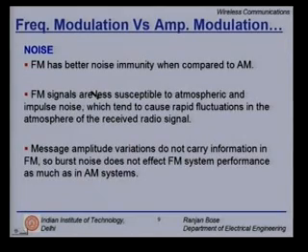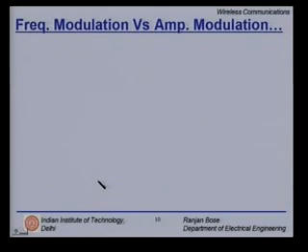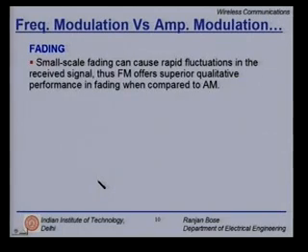Clearly, if you put AM and FM in a fading environment, we will have bad repercussions for AM. So, for fading, small scale fading can cause rapid fluctuations in the received signal. In the last couple of classes, we have seen exactly how rapid fluctuations happen and what could be popular models to have a stochastic modeling of the random process.